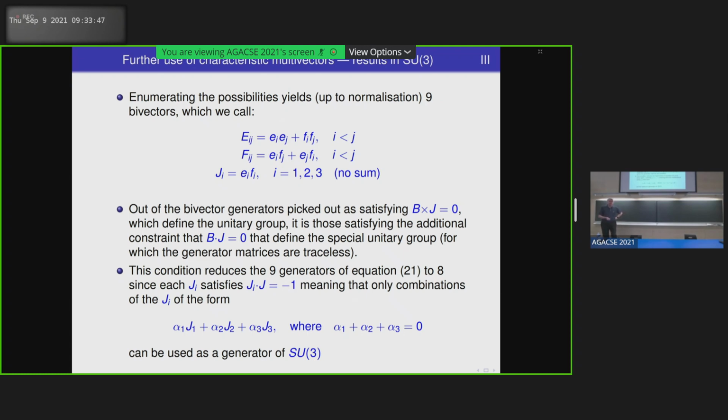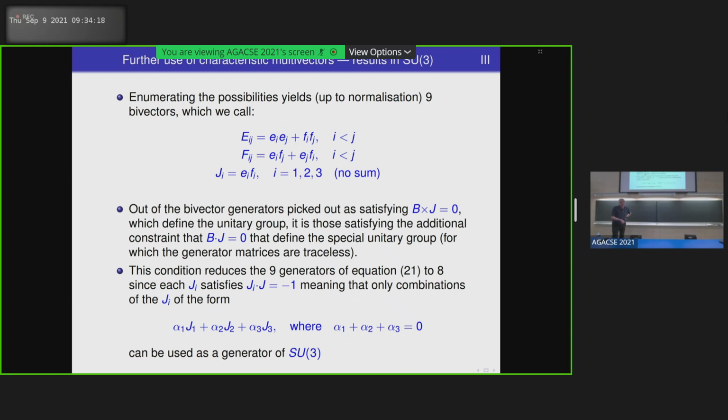And then you get sort of partial bits, the things that make up the big J we just talked about. J_i is E_i F_i, but there's no sum on that i. And so this brings it down to 9 possible objects. Okay. Now, for the special unitary group, you've got one more condition, and that turns out to be the condition where you want the determinant to be 1, basically.